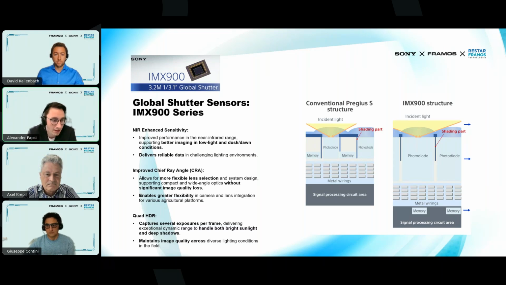Think about this challenge: in a single field, you might have bright sunlight reflecting off light-colored soil while simultaneously needing to see detail in the shadows of the plant. That's a big dynamic range challenge. Traditional sensors would either blow out the highlights or lose details in the shadows, and the IMX900's quad HDR maintains image quality across these diverse lighting conditions.